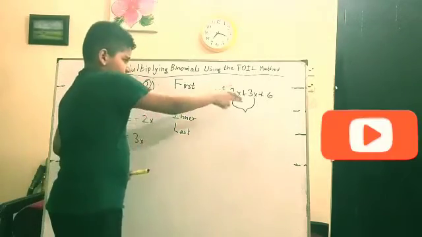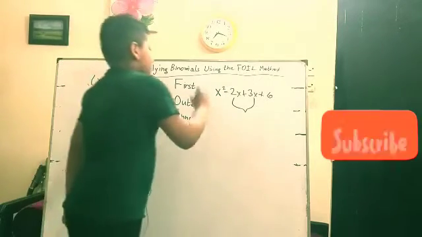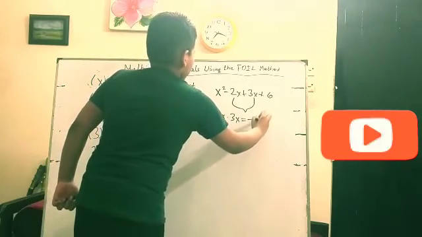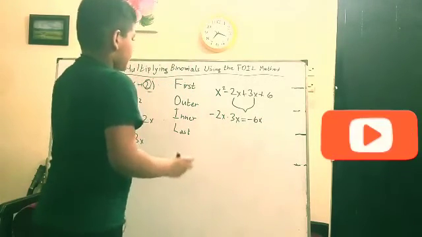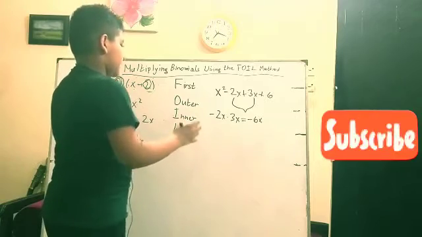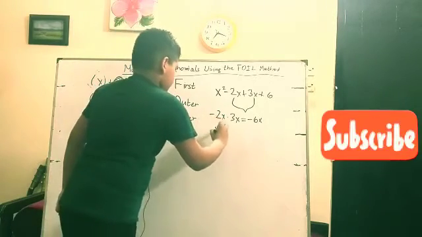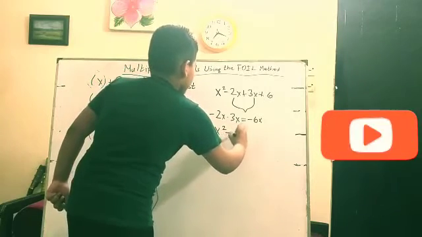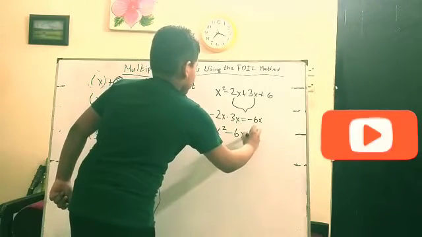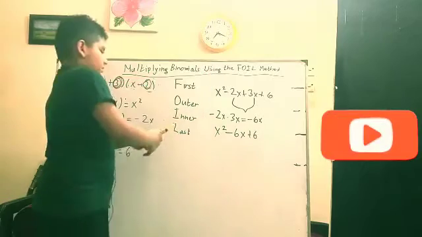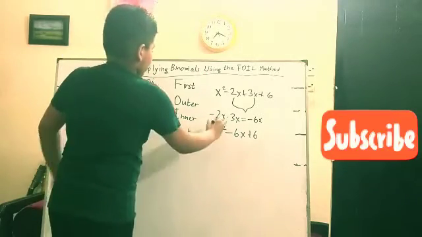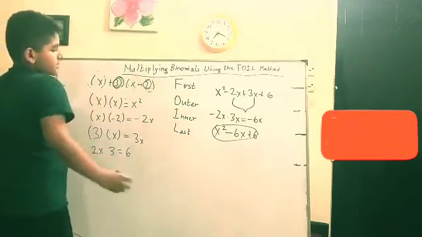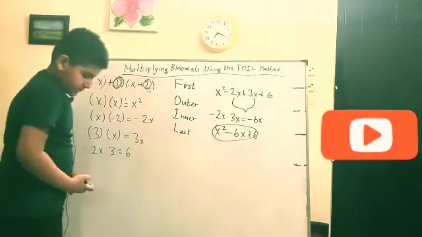So, negative 2x plus 3x would be x. Then we will get x squared plus x plus 6. So this is our answer of our problem here.